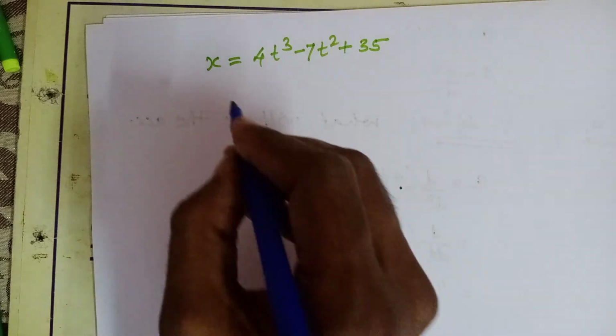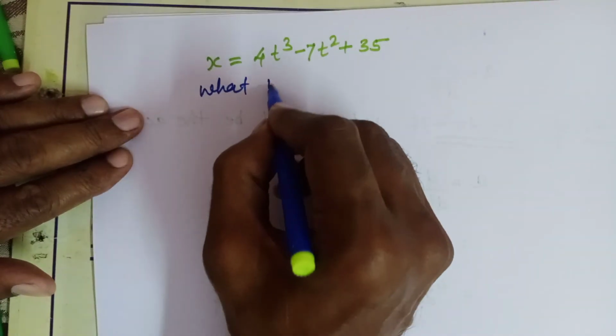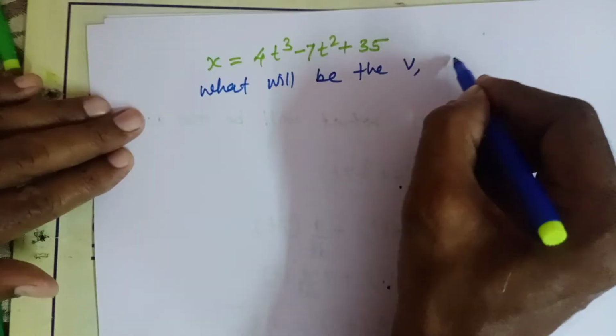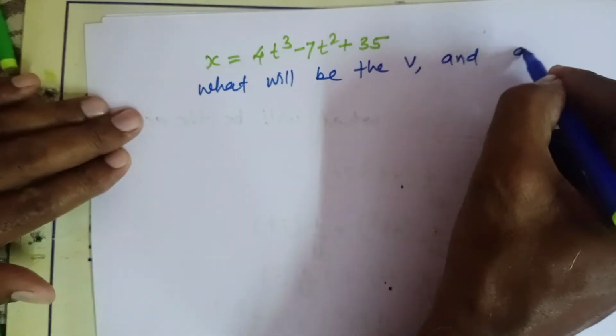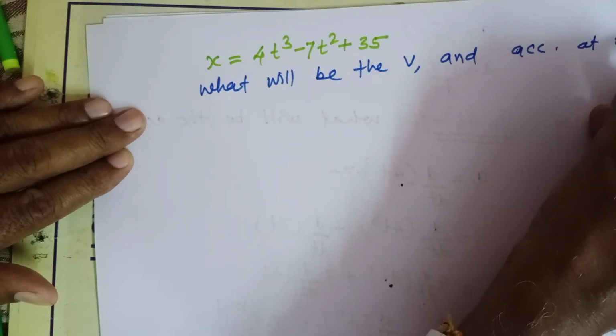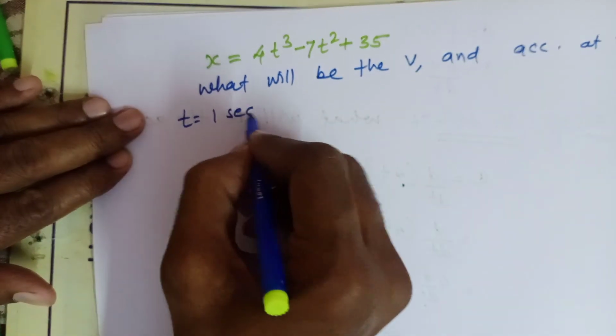So what will be the velocity and acceleration at t equal to 1 second? At t equal to 1 second, this we have to calculate.